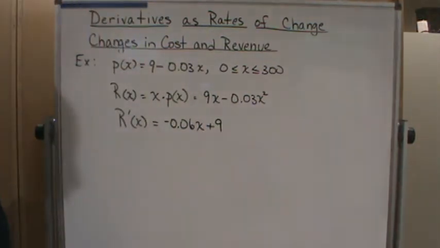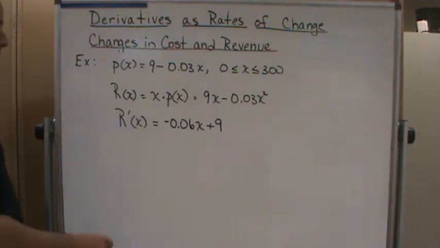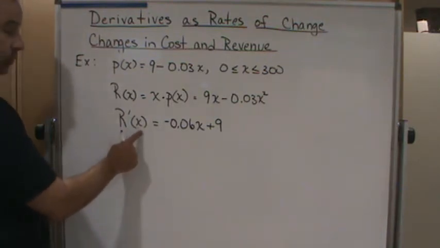Because all I do is take the derivative. Okay? Now, what do we want to do? So at this part, we want to find the marginal revenue. And in this case, we're going to use X equal to 100.